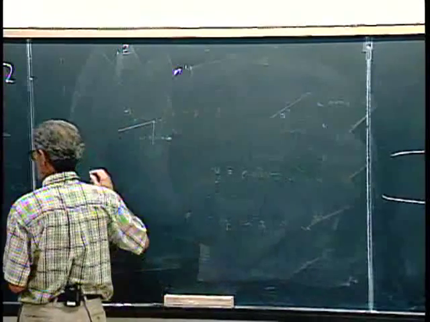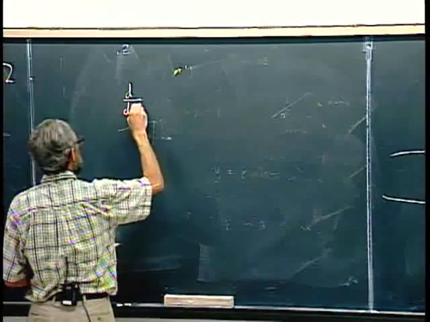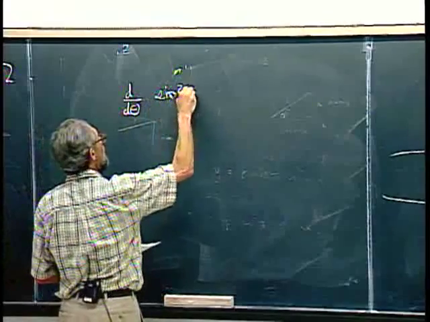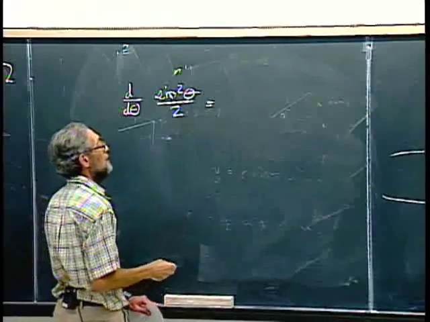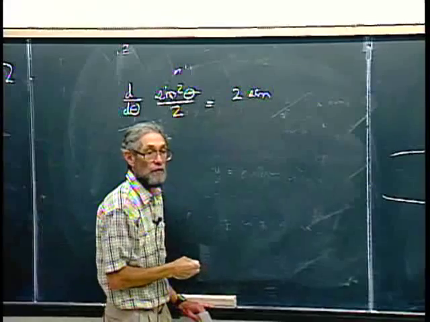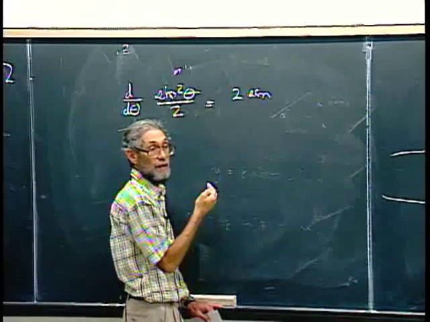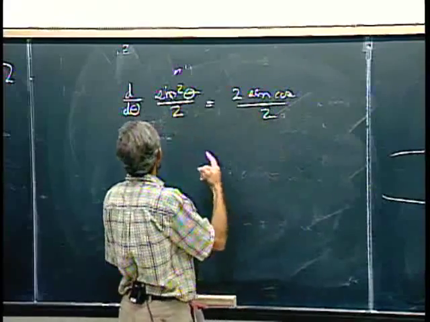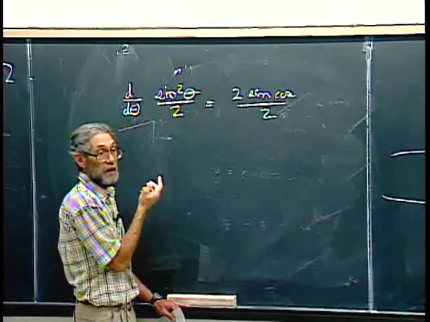So what I want to say is that d d theta of sine squared theta over 2: the derivative of sine squared is twice the sine times the derivative of the sine, by the chain rule. What's the derivative of the sine? Cosine. So I found something whose derivative is this thing I'm trying to integrate.